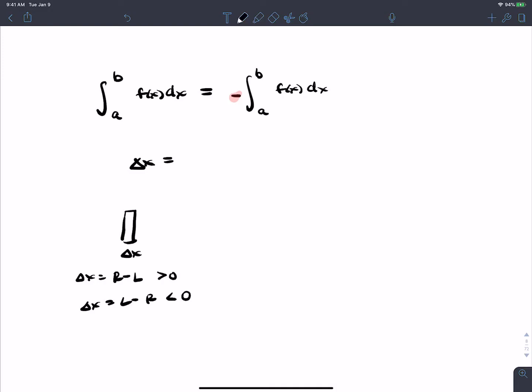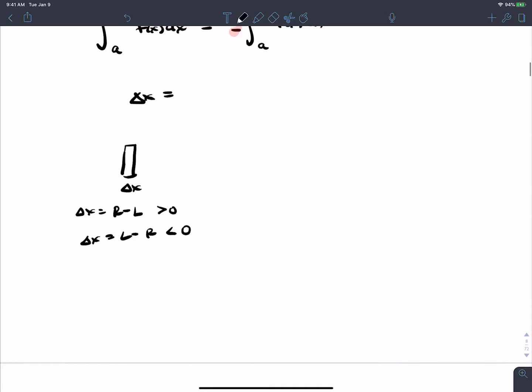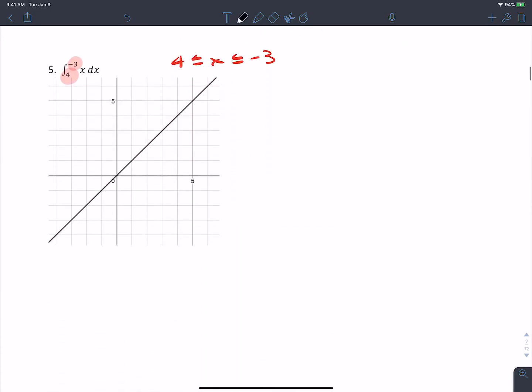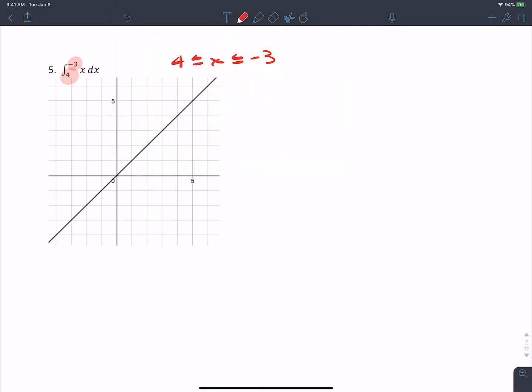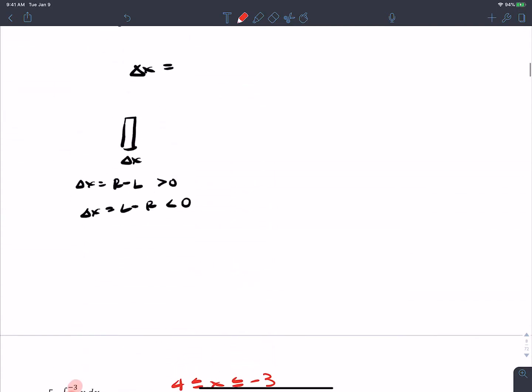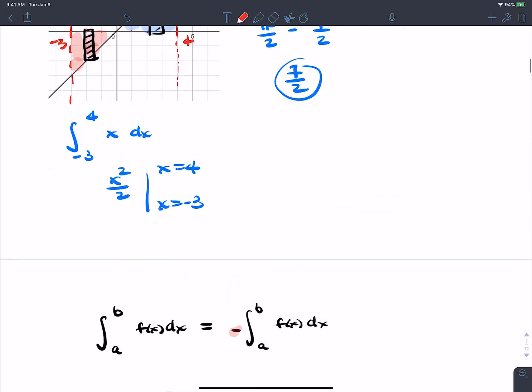But we can still use that theorem, but you may feel more comfortable if you like. You may say, I think I want to use that relationship. And I'm going to write this as what? Negative integral from -3 to 4 of x dx, if you like. And now this is just like the prior problem. Is that right? Yeah.